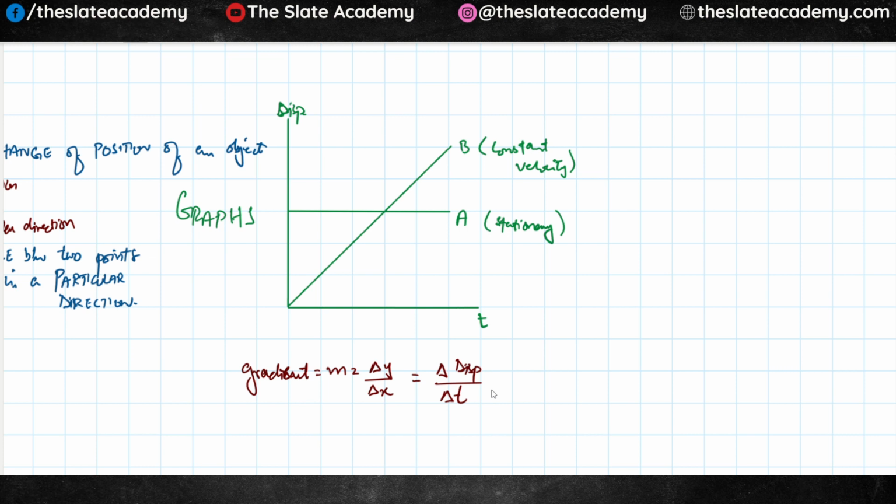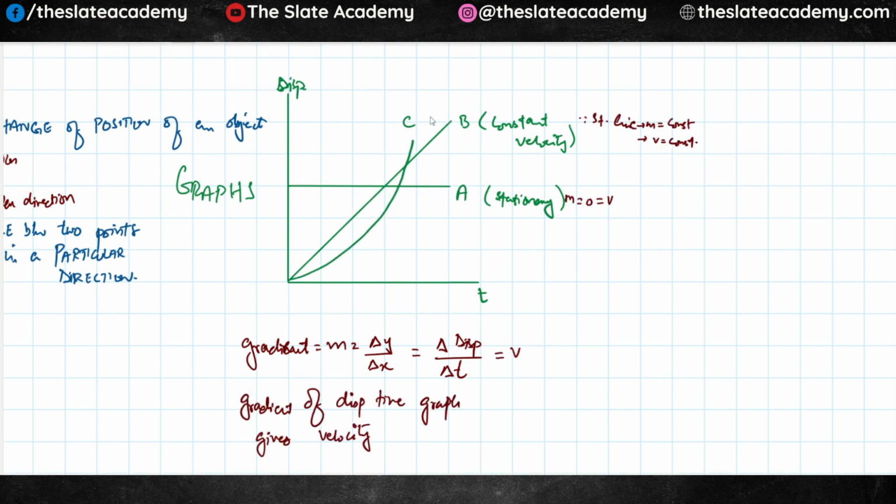We have got it like this. Sir, if I were to draw a line like this, what can you tell me about the motion of this object? How can I say that?